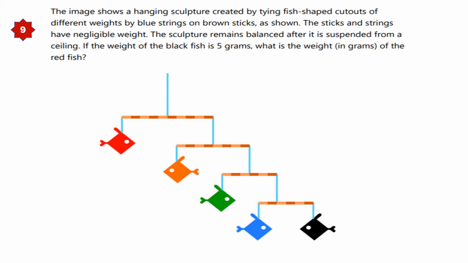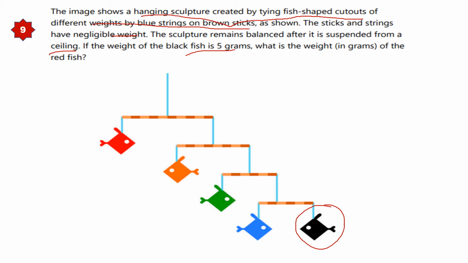The image shows a hanging sculpture created by tying fish-shaped cutouts of different weights on blue strings on brown sticks. Okay, as shown. The sticks and strings are negligible in weight. The sculpture remains balanced after it is suspended from the ceiling. If the weight of the black fish is 5 gram, okay, this is 5 gram.